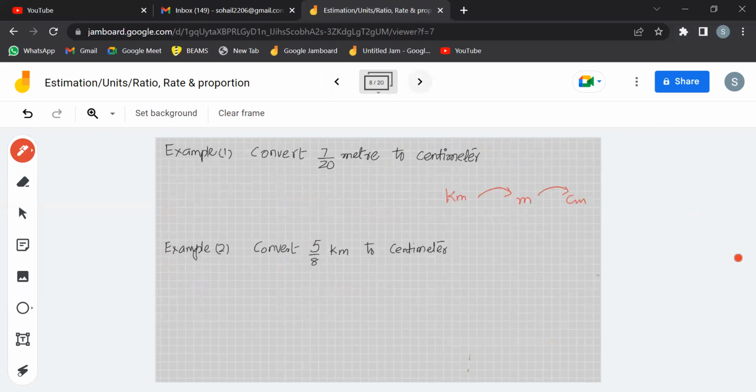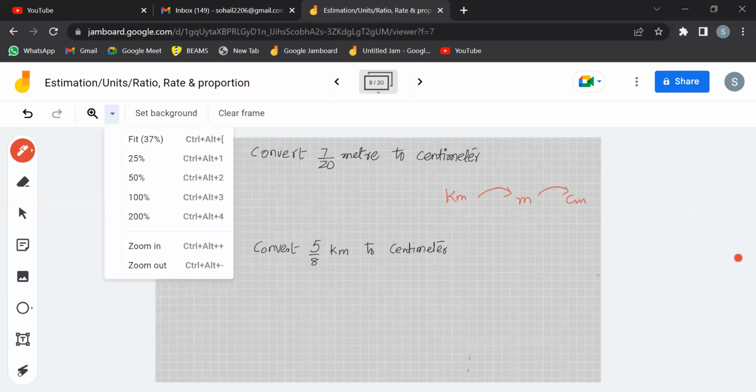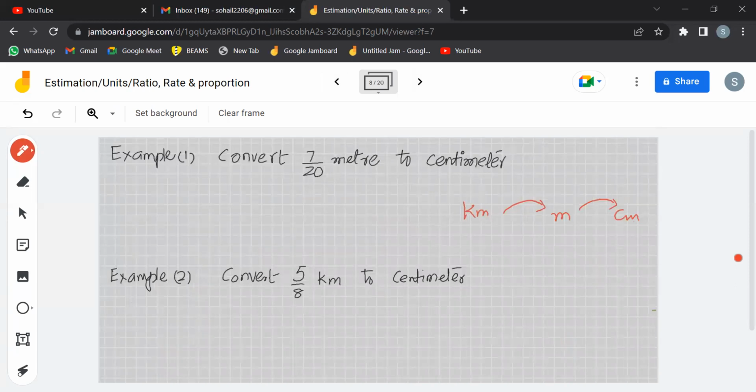So convert. Example number 1. Convert 7 over 20 meters. Just recall from kilometer to meter, you multiplied by 1000, and from meter to centimeter, you multiply by 100.